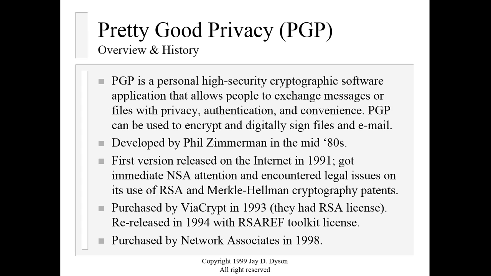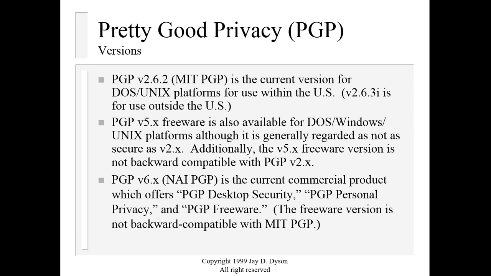And that toolkit was purchased in 1998 by Network Associates, and that's where it came to be more popular now. PGP version 2.6.2 at the time of this in 1999 was the most current version. It is not now. And it's basically for DOS and Unix platforms. It's the MIT PGP.